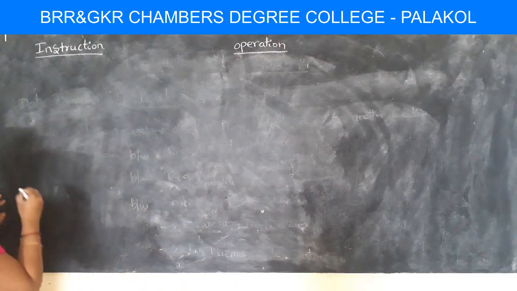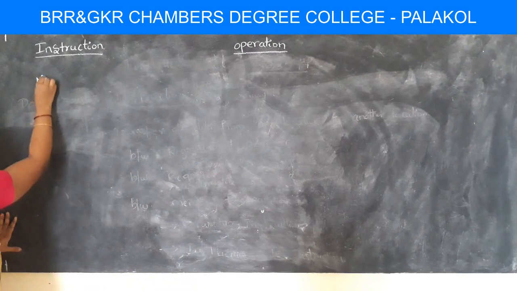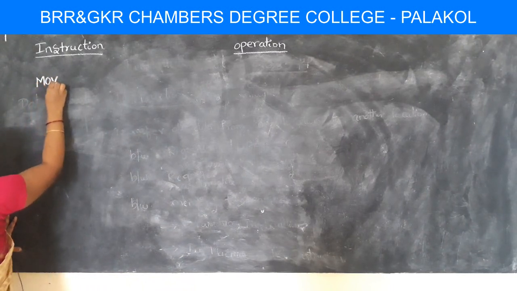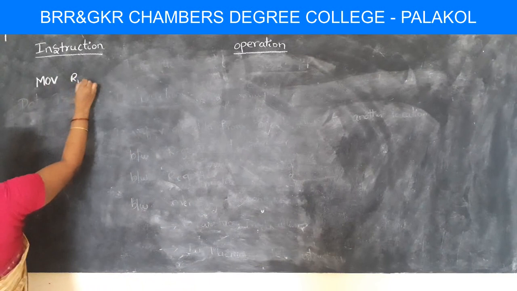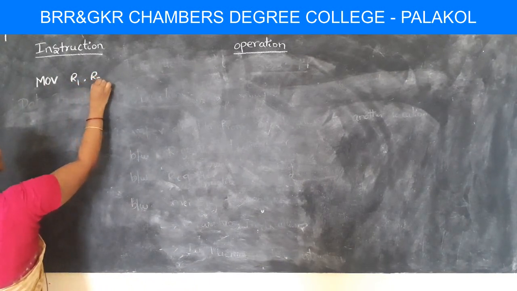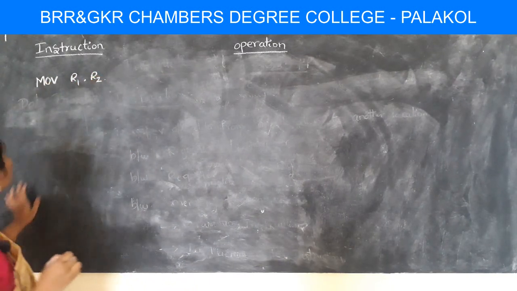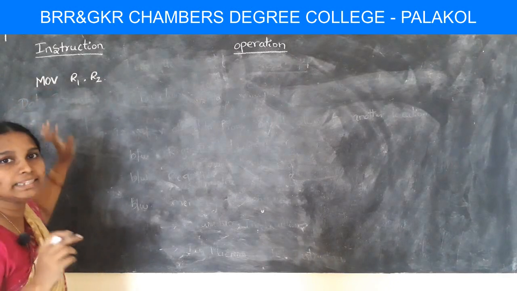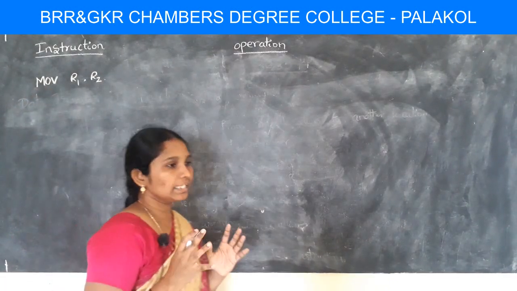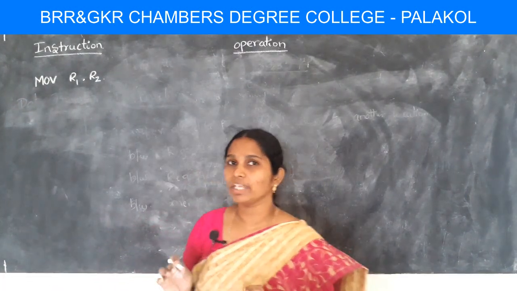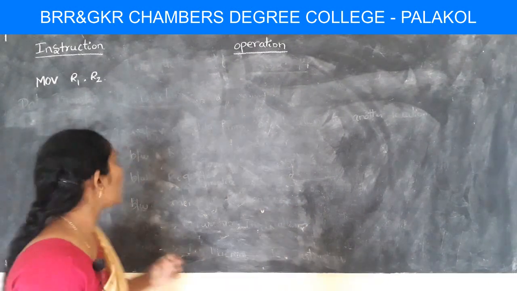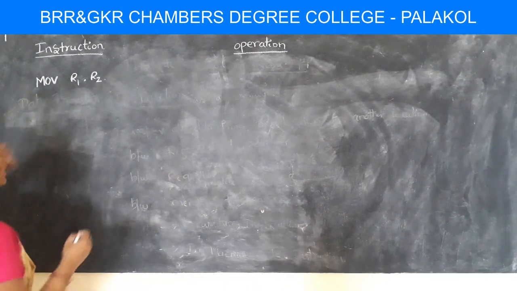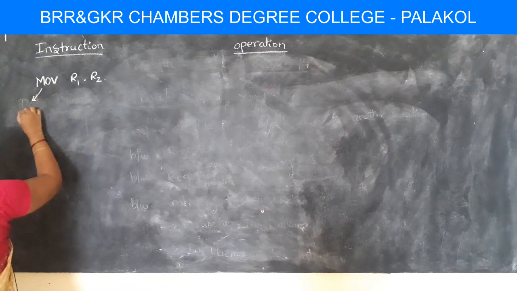Okay. So the first instruction is move R1 comma R2. So here move is nothing but it is an instruction. Okay. So that means it is also called as an opcode.